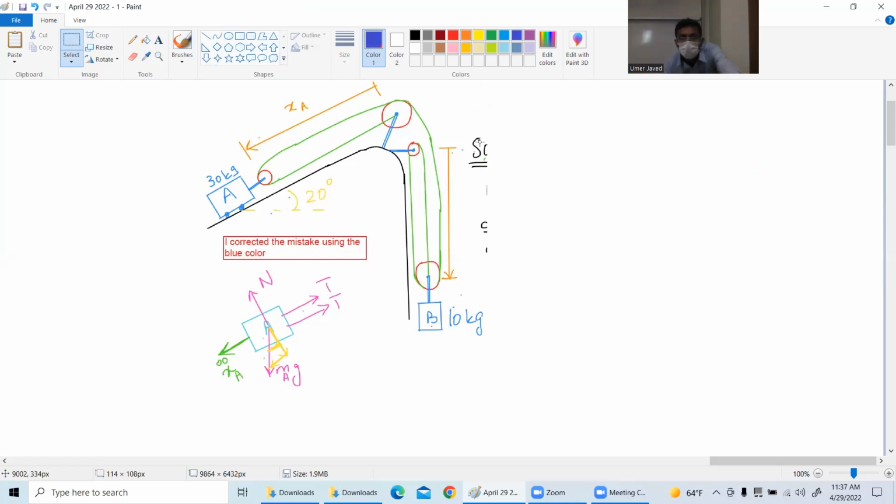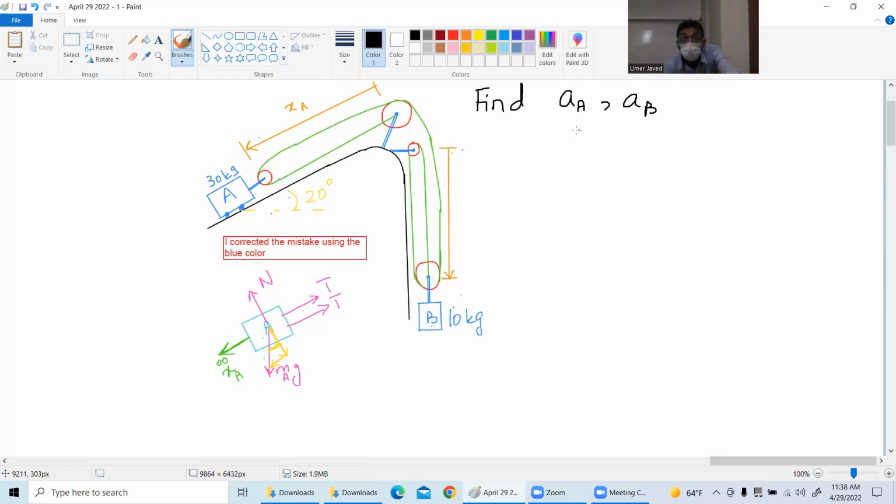But we will talk about very practical problems, don't worry. Let me at least write the question for you. I have to solve a couple of these because these are very interesting problems. Find aA and aB.